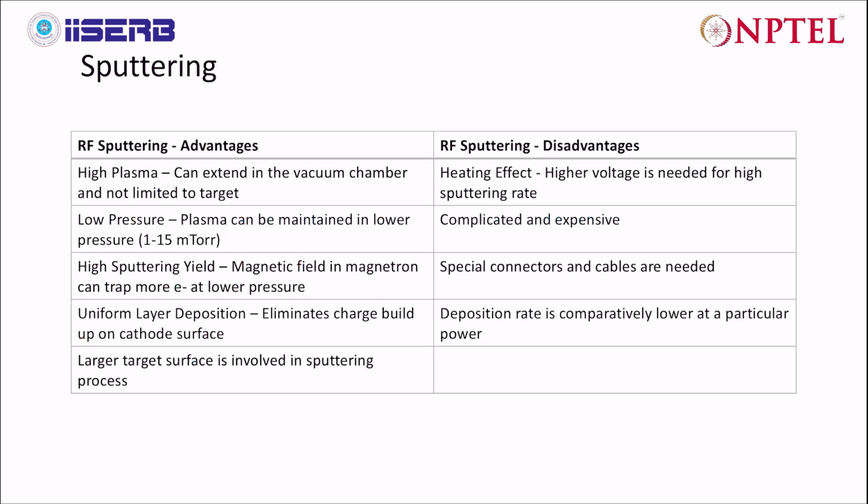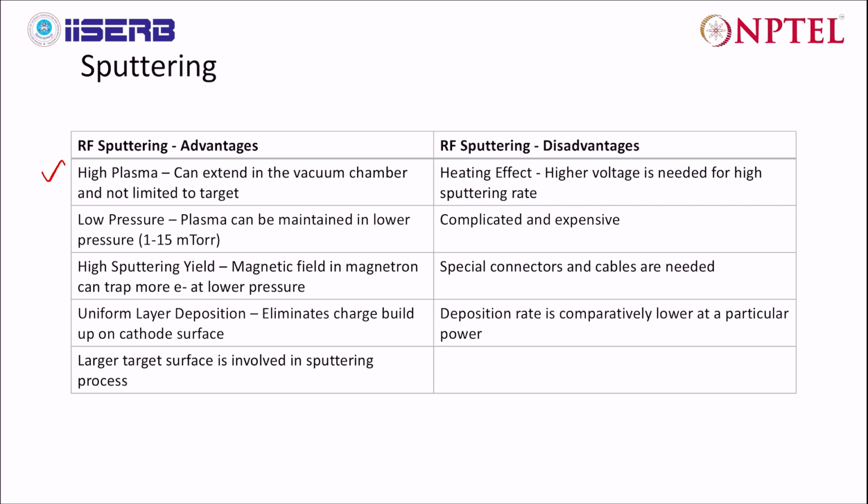Now the RF sputtering process has advantages as well as disadvantages. The advantages are listed over here. So the RF sputtering process has various advantages. For example, the first one is high plasma. That means the plasma can extend in the vacuum chamber and is not limited to the target.